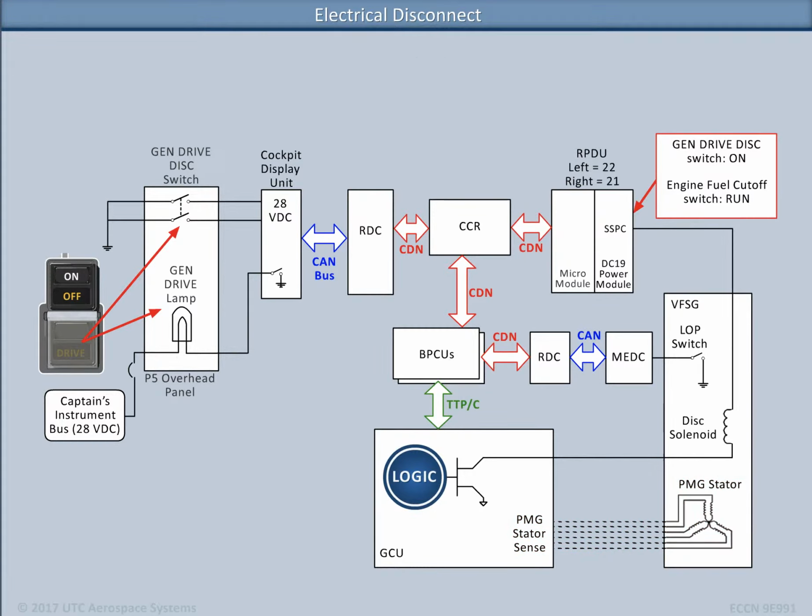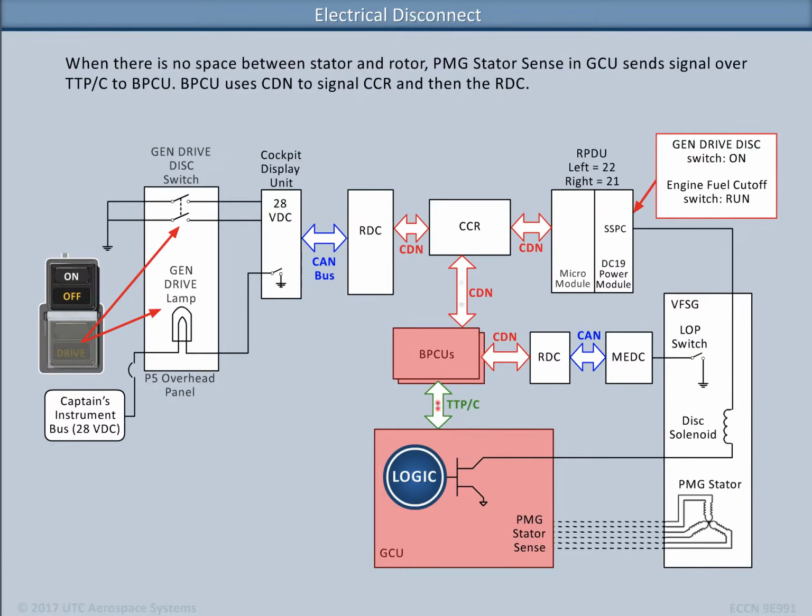In the event of a rotor bearing failure, the GCU sends a signal over TTPC to the BPCU. The BPCU uses the Common Data Network to signal the Common Computing Resource and then the Remote Data Concentrator. The Remote Data Concentrator uses the Controller Area Network bus channels A and B to communicate with the Cockpit Display Unit.